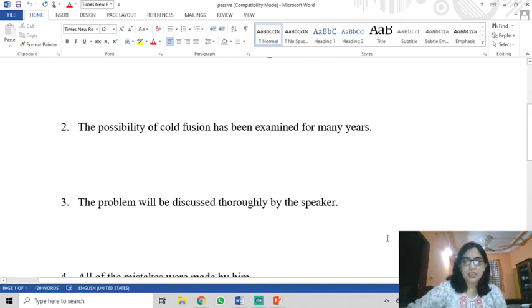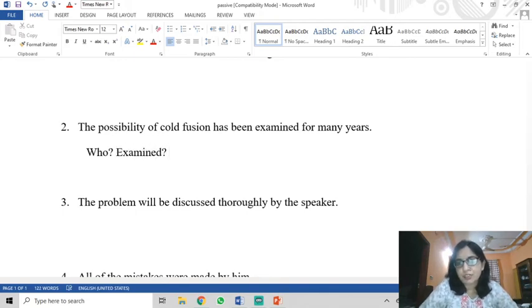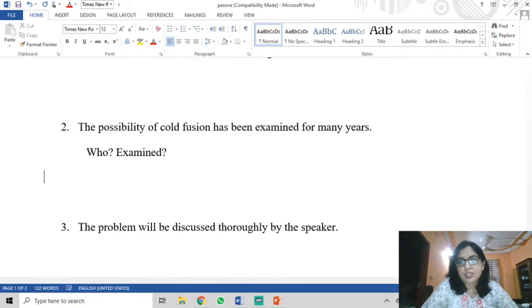Now over here again, you don't know who is doing this. The possibility of cold fusion has been examined, so you don't know who examined it. So this is half of the information. You have to write that the possibility of cold fusion has been examined for many years by scientists, and you have to provide the name.